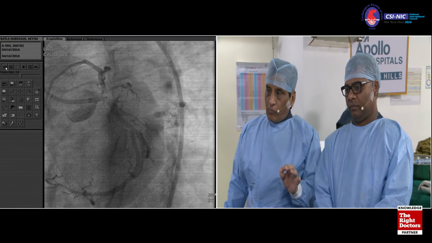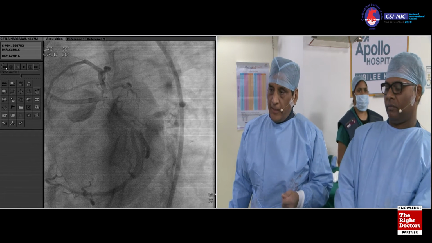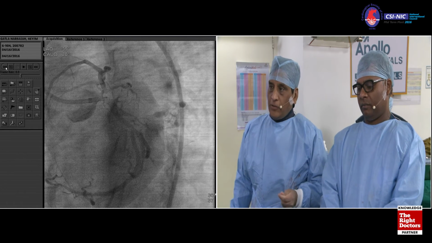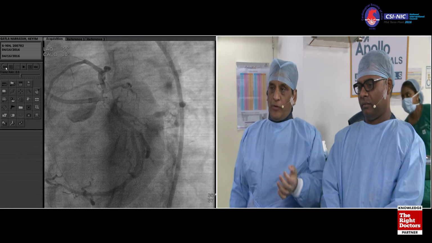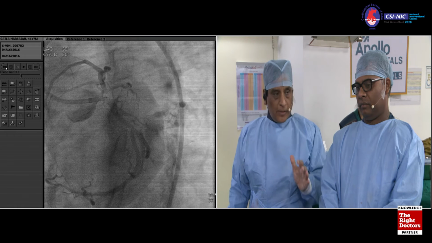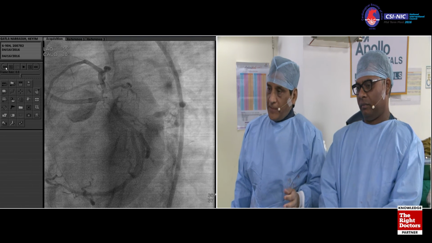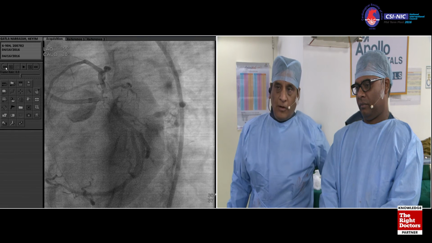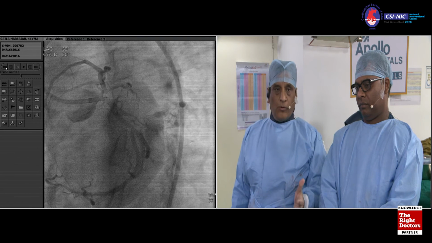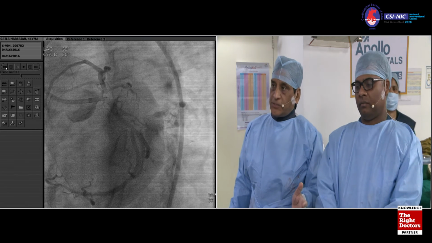We have done our own pharmacokinetic studies using the Accumetrics device with the PRU, and in the majority of patients who are less than 100 kilo, 5 milligram is good enough. So we keep them on 5 milligram, and having treated a few thousand patients, we haven't had any issue of stent thrombosis because of the low dose. Many times it happens because the patient is not taking the medicine, which is a different story.